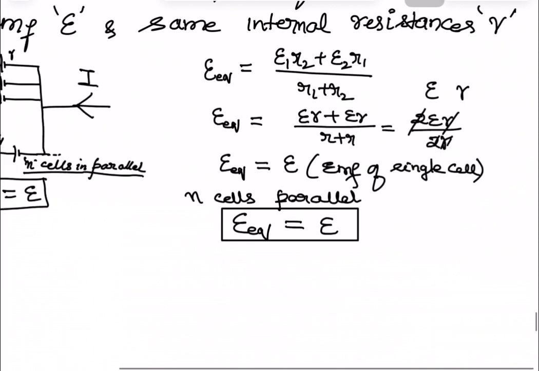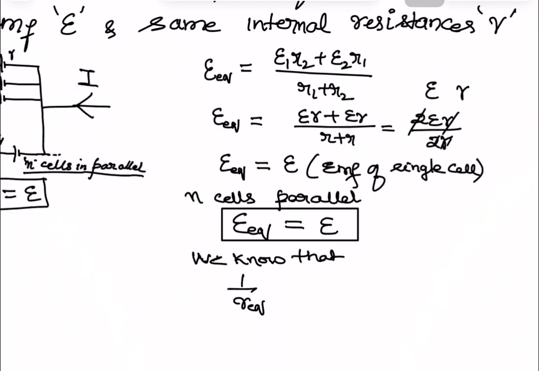Now, let us derive the expression for internal resistance, using the equation we have derived for the parallel combination. That's 1 by R equivalent is equal to 1 by R1 plus 1 by R2 plus 1 by R3. This time let us take n number of cells. The last internal resistance of the cell let it be Rn.